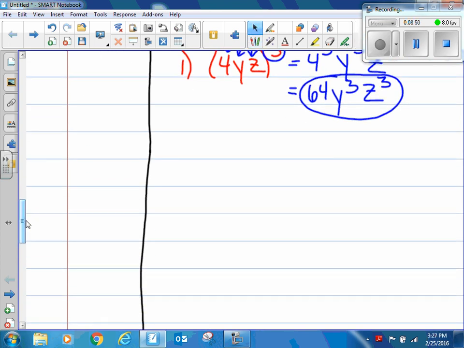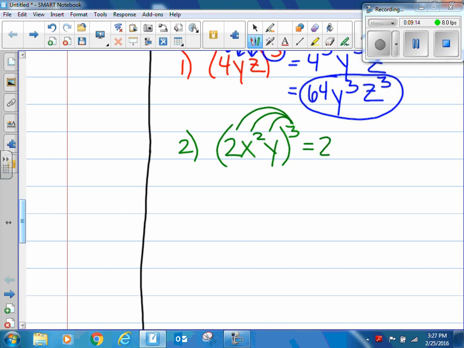Let's say that I had, let's see, 2x squared y, and I was raising this to the 3rd. Let's look at how that's a little bit different. Again, I am going to bring this 3 inside to all 3 of those factors.